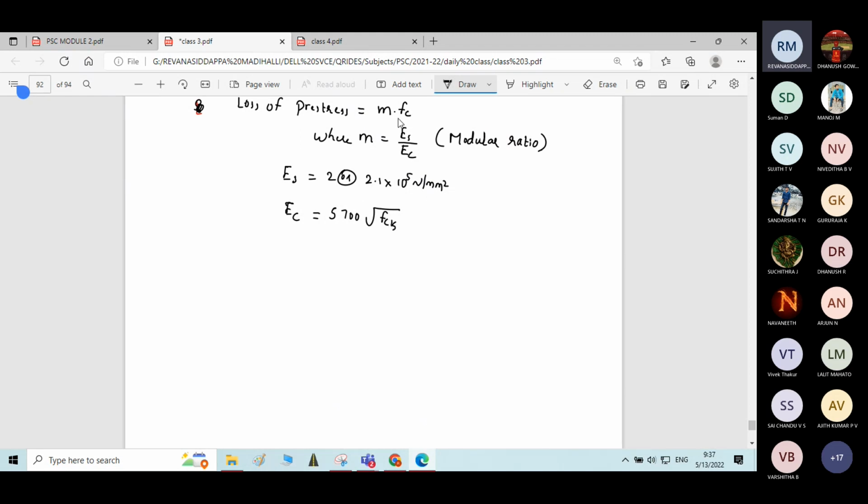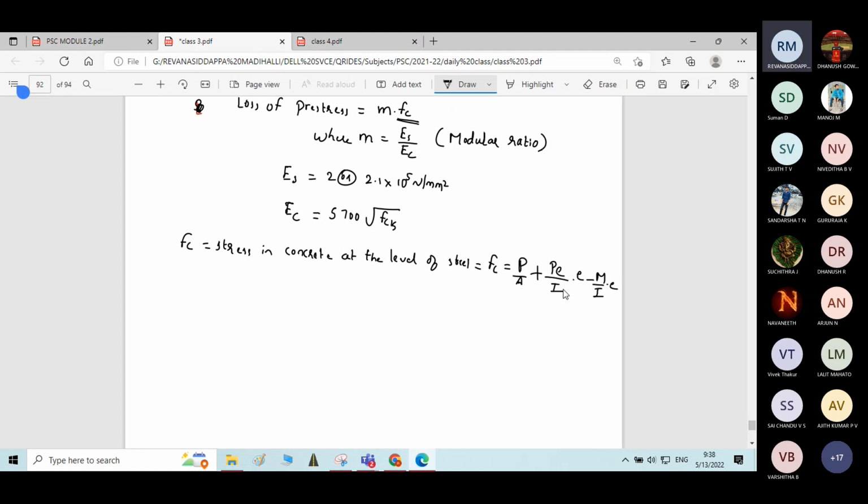Then fc. What is fc? Stress in the concrete at the level of steel. It is calculated as P by A plus Pe by I into e minus M by I into e. Instead of writing Pe square, what I have written is Pe into e.